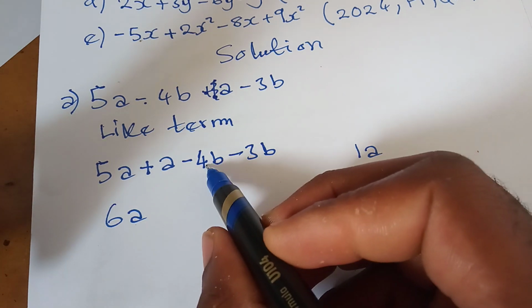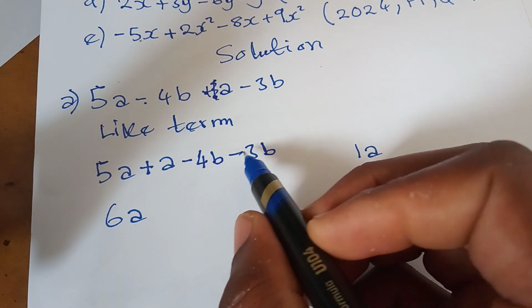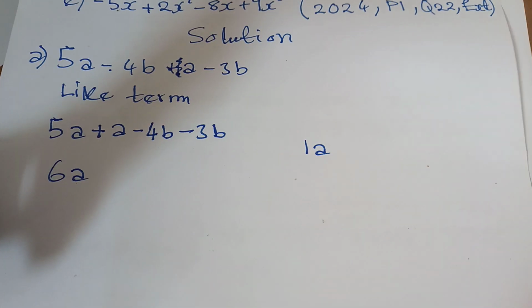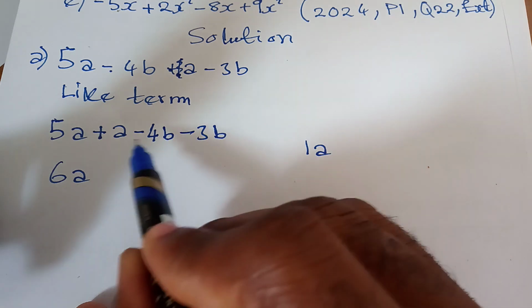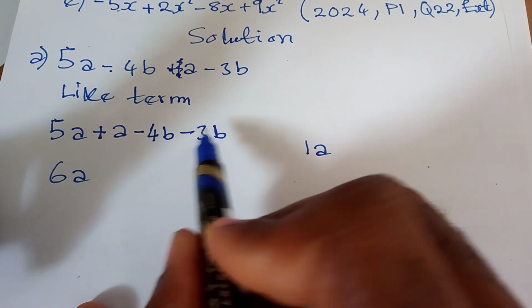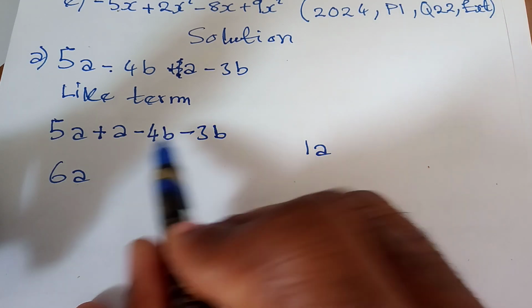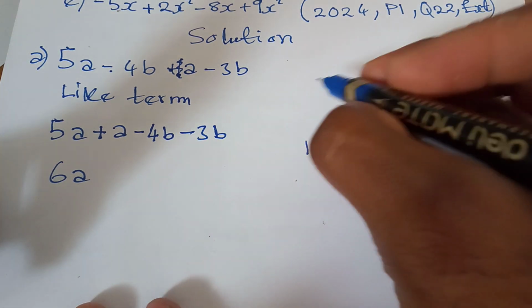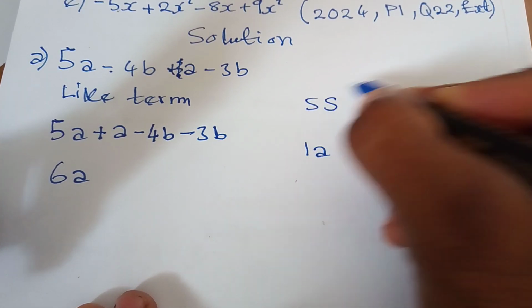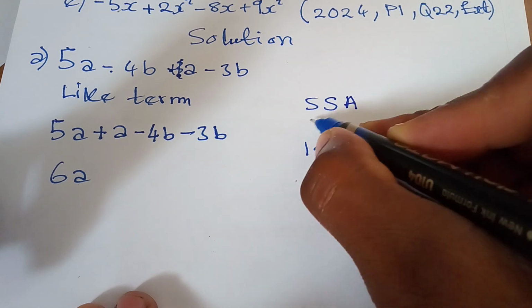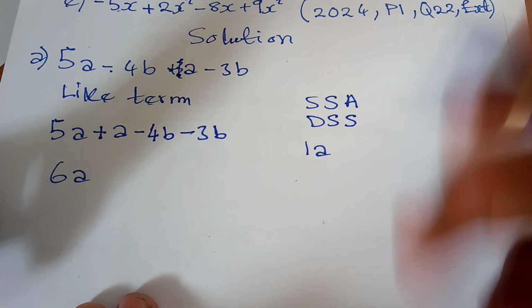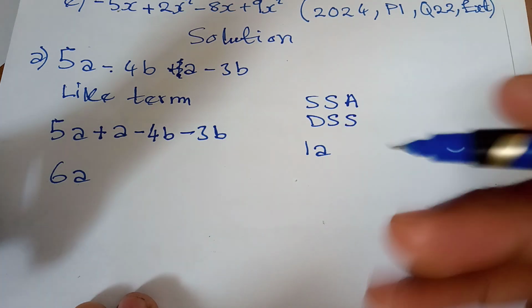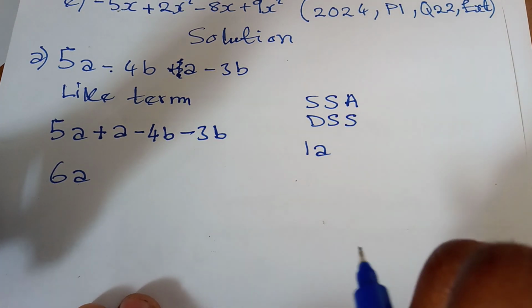So now next we have negative 4b minus 3b. So in this case, before you do anything else, you need to check the rules attached to negative numbers. So we have two rules: same signs, add, and different signs, subtract. And of course, you get the sign from the bigger number unless you are required to maintain the same sign.